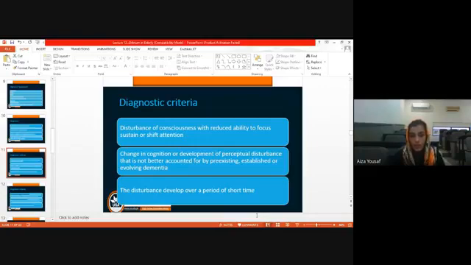The disturbance develops over a short period of time. So there should be a change in consciousness, mental status, or attention, but that change will not be pre-existing or due to some other medical condition. It purely has an acute onset, meaning it develops within a shorter period of time.